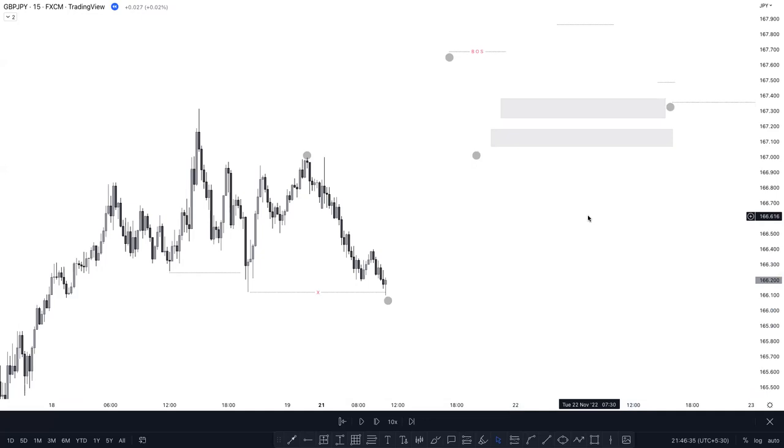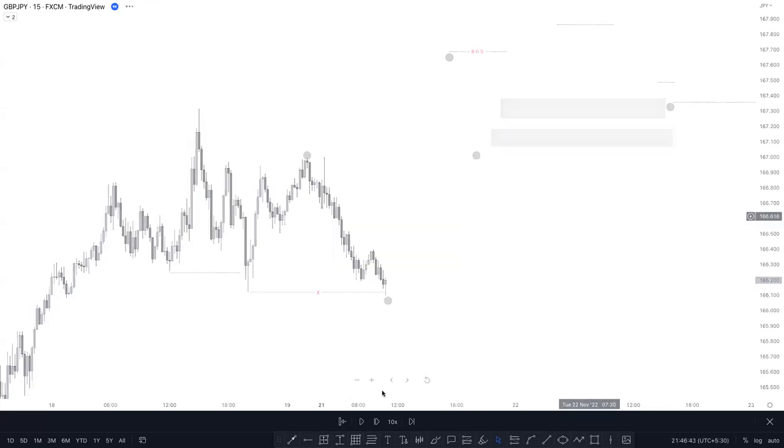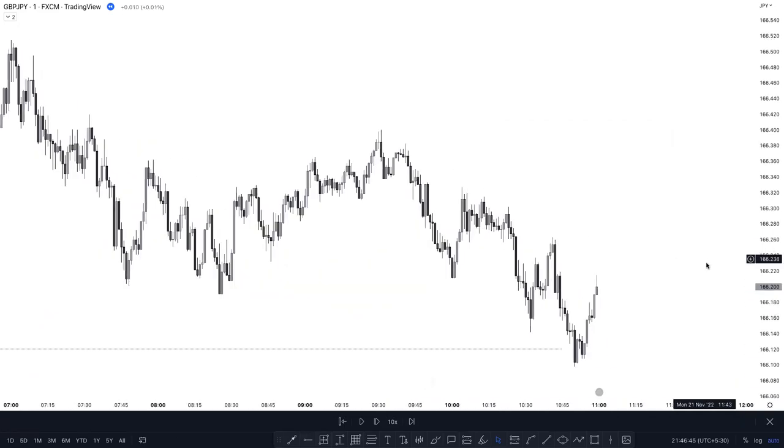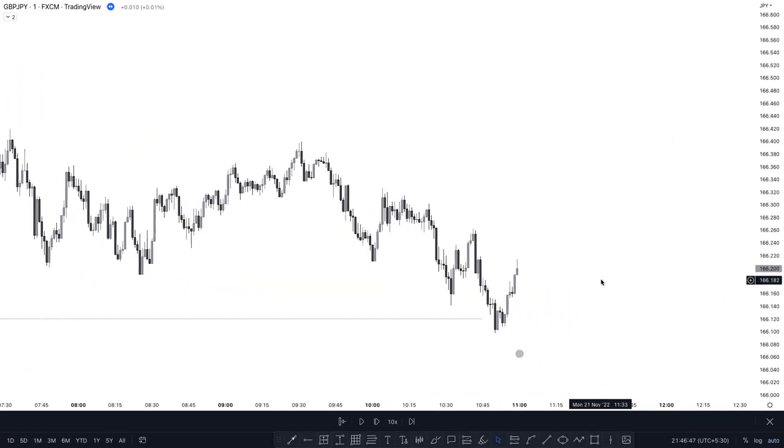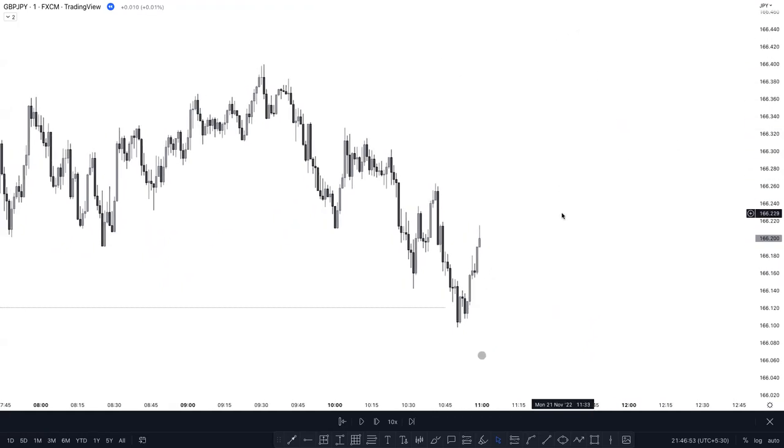You can switch here into the 1 minute structure to see exactly what is happening right now. So at this point, everyone can mark here where our change of character is and when we can take a decision for the buy at least.